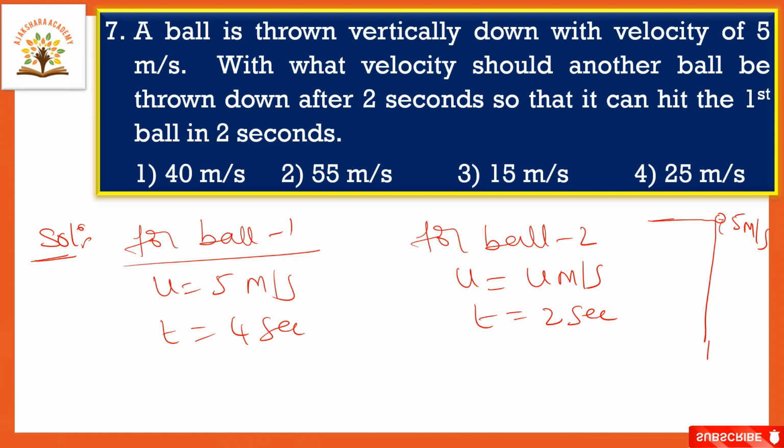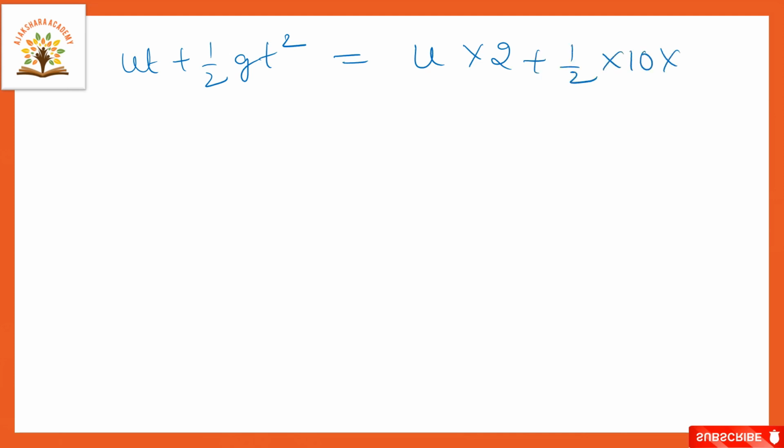For collision at equal height, h is equal to ut plus half g t square. So this is u into 2 plus half g, nothing but 10, t square.